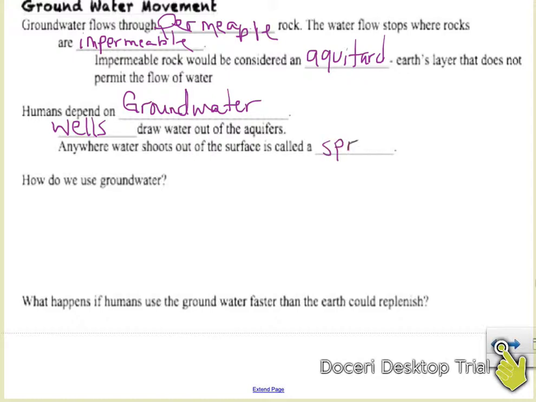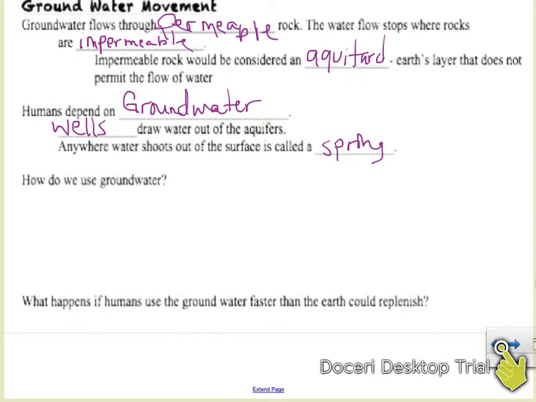How many of you have ever held a spring in your hand and it pops out? That's why we call it a spring, because it springs out, and that's where you get your spring water from, where the rock may have broken and let the water shoot out. A geyser is where heated water shoots out, but you do have geyser springs.